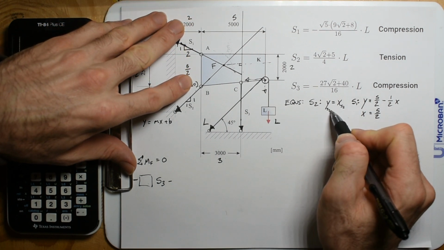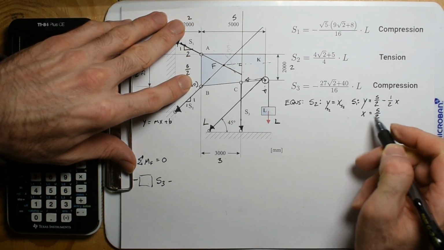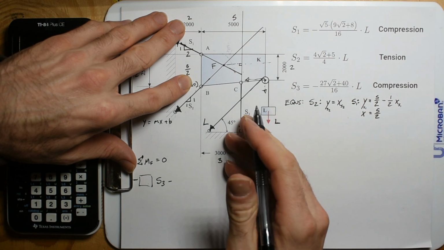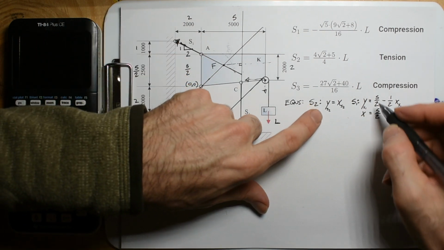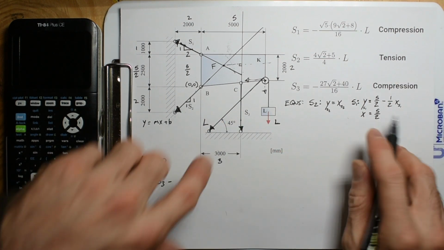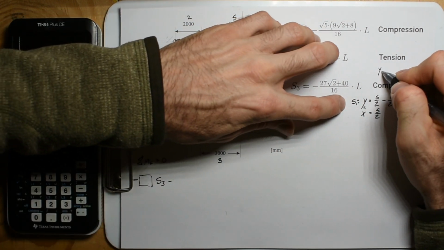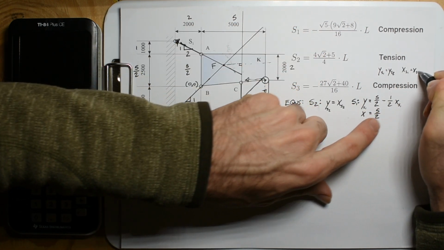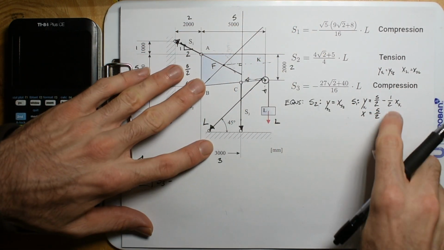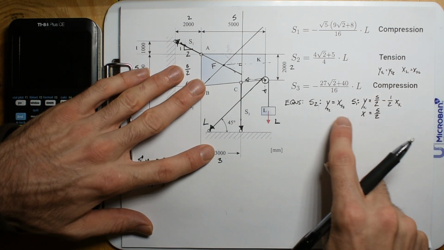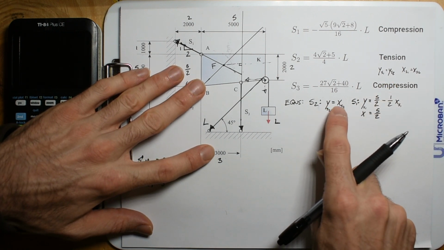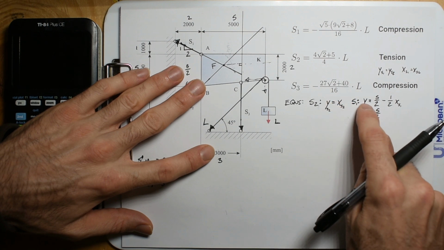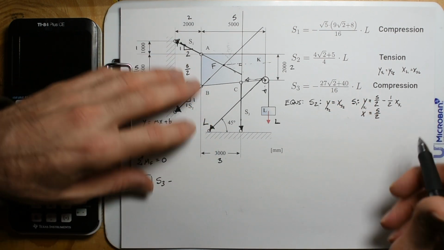So if this is y of S2 and x of S2, and this is y of S1 and x of S1, the other two equations would say that y of S1 is equal to y of S2 and x of S1 is equal to x of S2. That's the unsaid thing when I say I'm just going to take this equation and shove it right into there, so this y just becomes x. That is spelling it out.